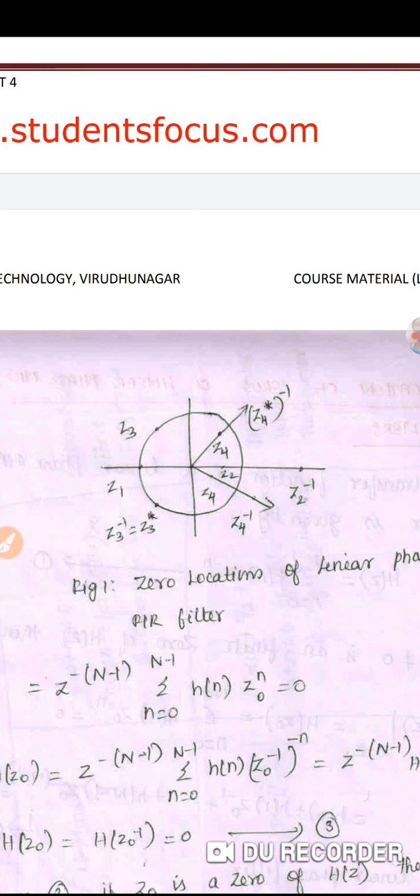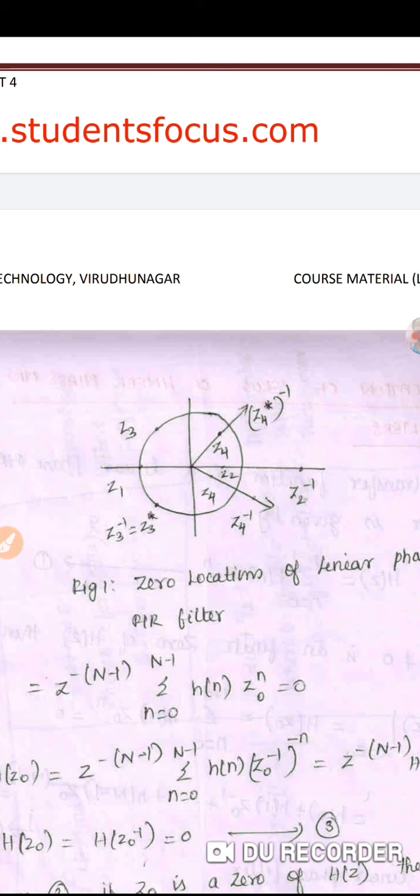If a plus jb is a complex zero, then a minus jb is another complex zero in this group. So z3 and z3 conjugate are the zeros.